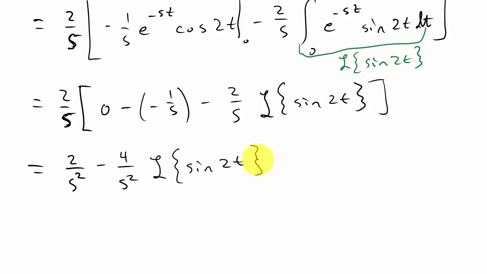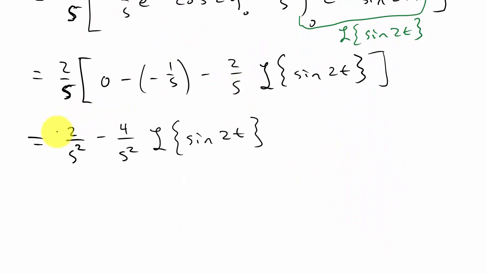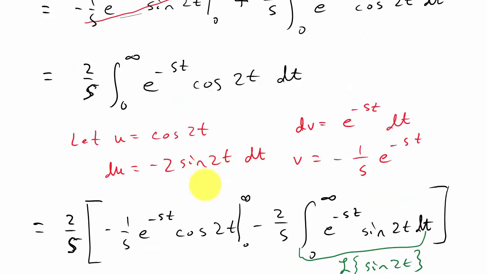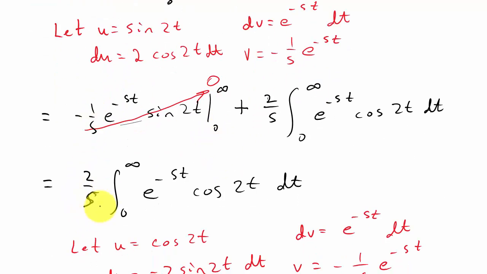Alright, so what do we do now? Well, look at this. This is equal to what? Well, let's go back up here. This right here is equal to the Laplace transform of sine 2t. See, we did this all the way down. The Laplace transform of sine 2t equals all of this.